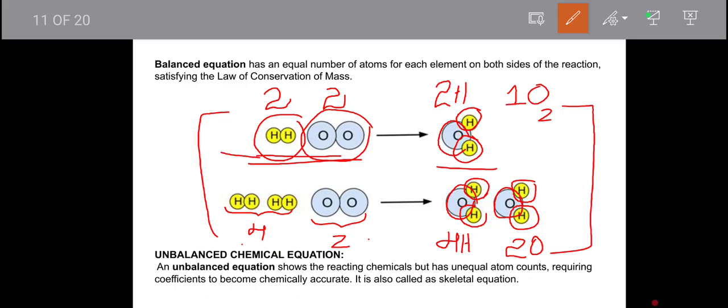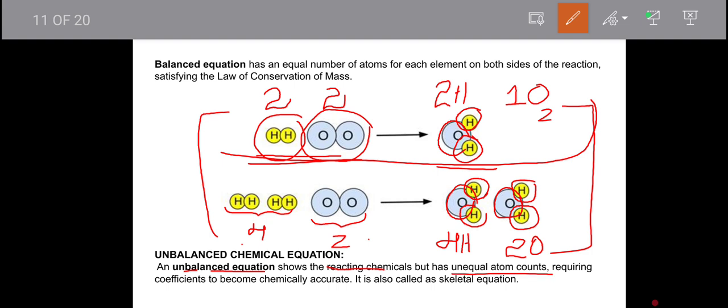So this first one represents what? Unbalanced chemical equation. Got it? Unbalanced chemical equations are those in which the number of atoms on the reactant side as well as on the product side are not equal. Got it? So an unbalanced equation shows reacting chemicals but has unequal atom counts.